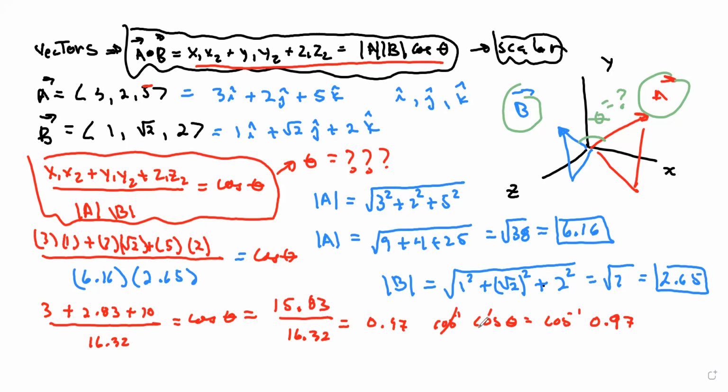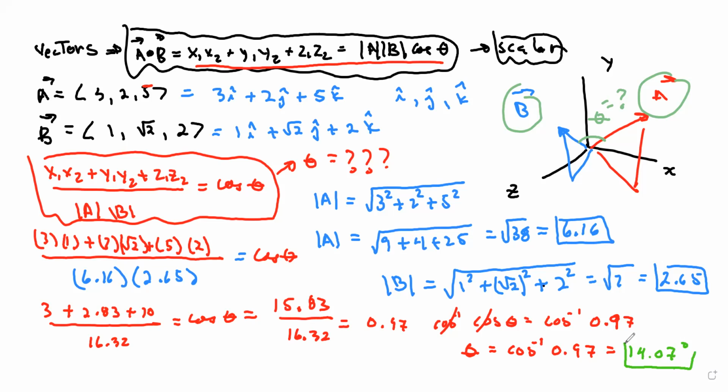This one is going to cancel with this one because this is one function and this is the inverse function. So theta is going to be cosine minus 1 of 0.97. So theta is the arc cosine of 0.97, and that's going to be 14.07 degrees.